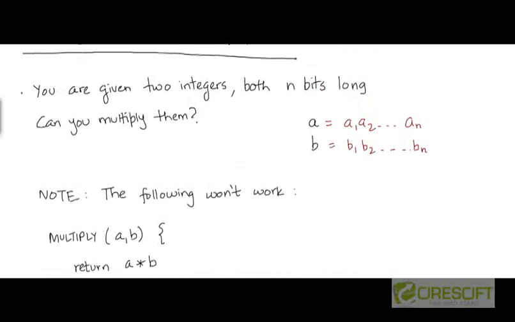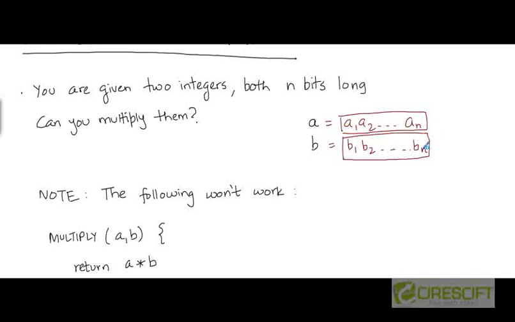A brute force way of multiplying a and b would be to use the standard paper and pencil algorithm that you would have learned in school, where you take the two integers, line them up, the second one below the first, and then you take every bit of the second integer and multiply it with all the bits of the first integer.